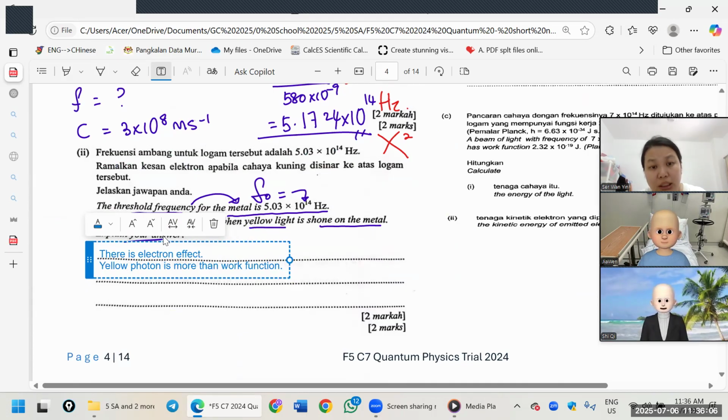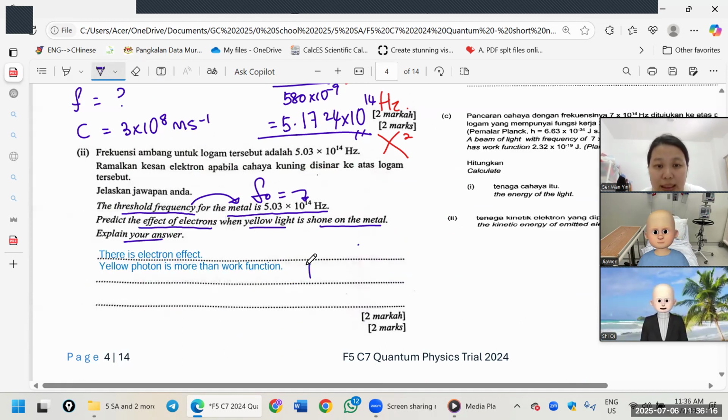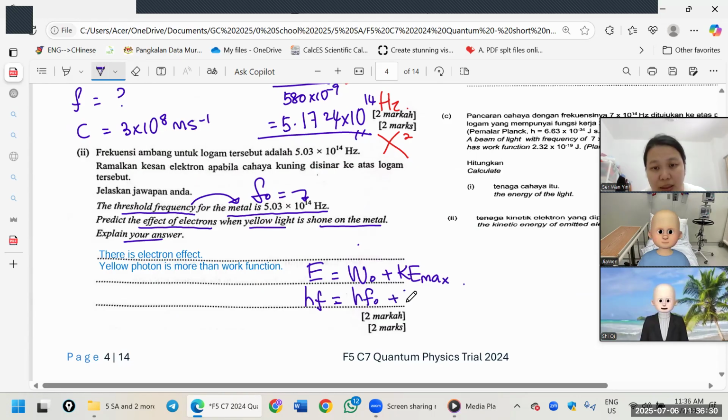Then you may ask, they say frequency or energy can, because they say E equals to work function plus kinetic energy. So actually what is E? E equals to hf equals to hf naught plus kinetic energy. We don't care about this, because I want to say, you want to change also can.